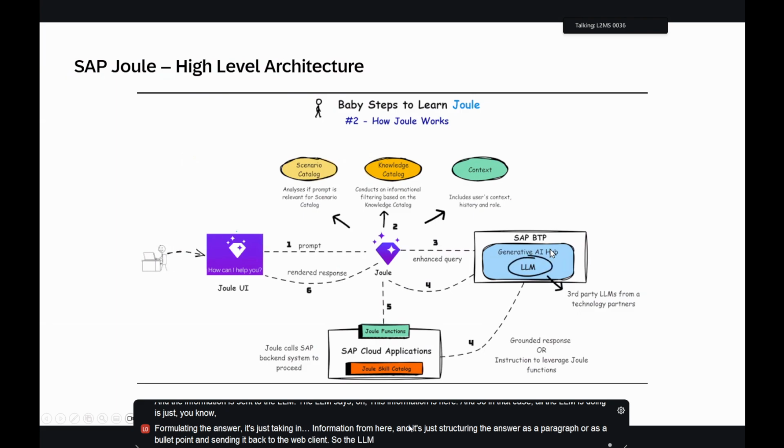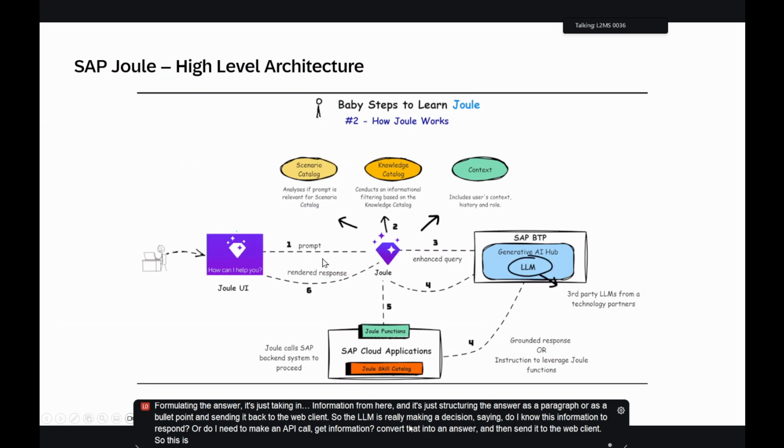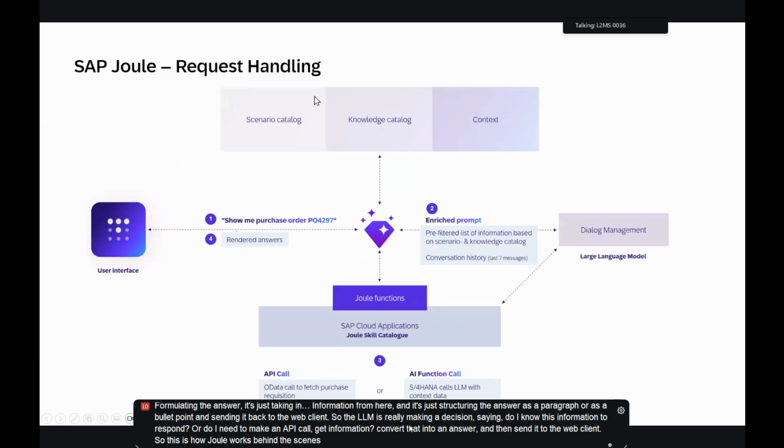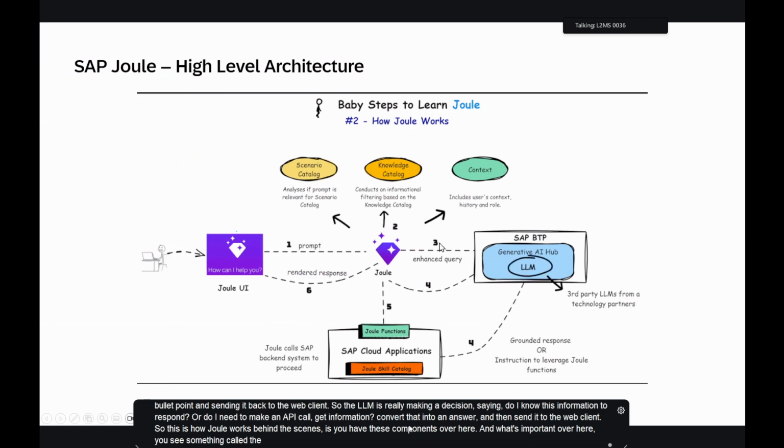So the LLM is really making a decision saying, do I know this information to respond? Or do I need to make an API call, get information, convert that into an answer, and then send it to the web client? So this is how Joule works behind the scenes, you have these components over here. And what's important over here, you see something called the Joule skill catalog.